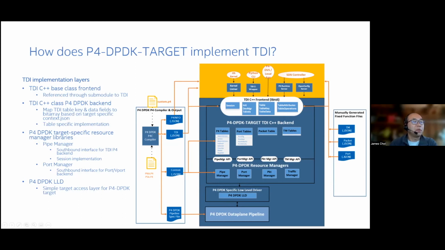For the non-P4 tables, there are handwritten JSON files that define the attributes of these functionalities, and they're consumed by the control plane as well as the TDI frontend. There's no use of context.json for these fixed functionalities.